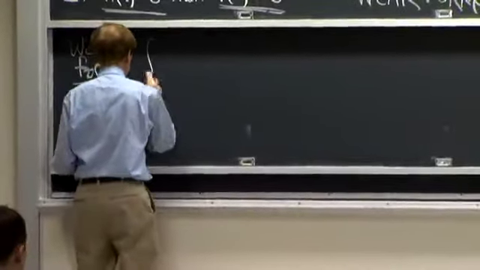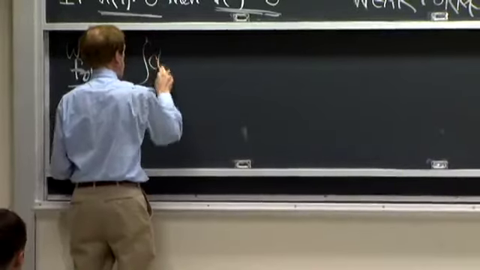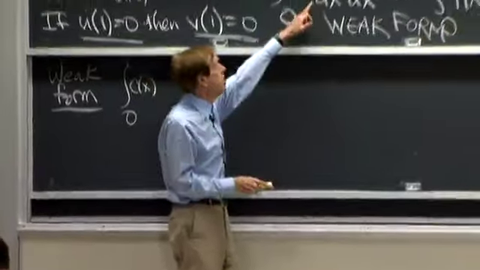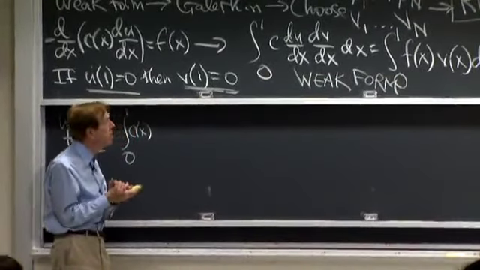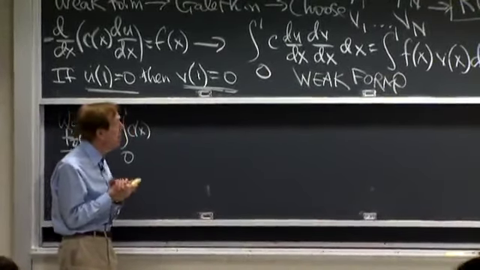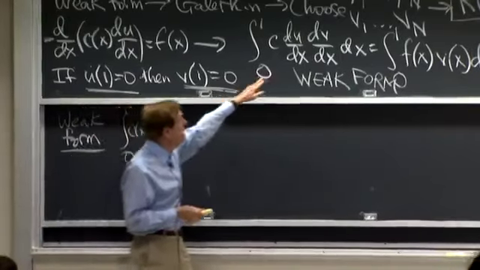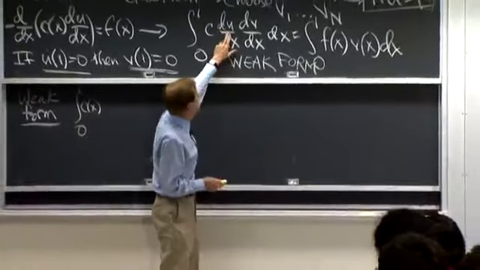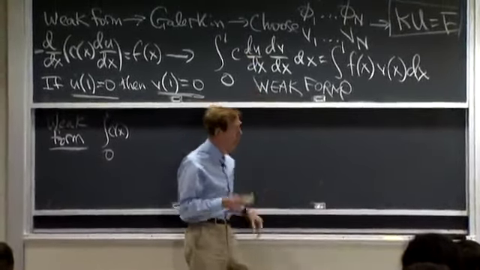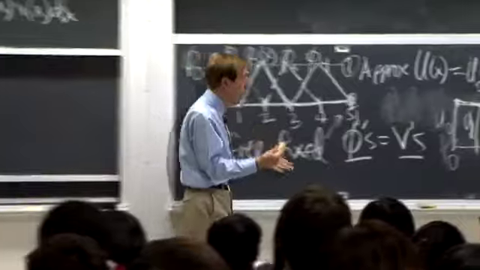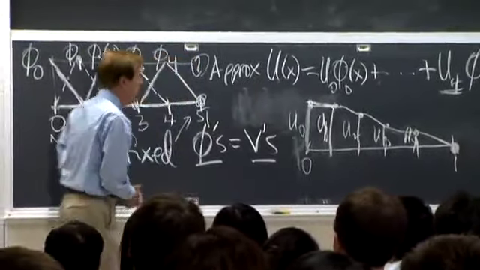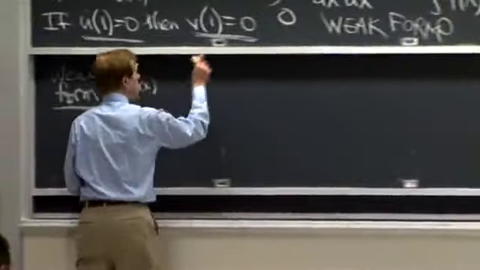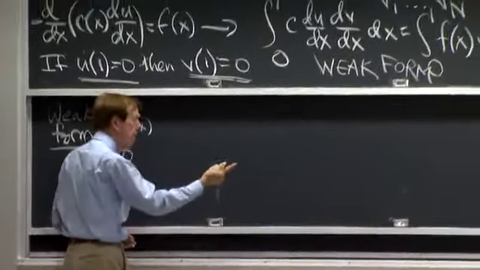So it'll be the integral from 0 to 1 of the c of x, whatever it is, times the du dx, right? So what is du dx? Oh, you have to pay attention. So now this was the true solution, little u. But now this is where I'm working. I'm working with capital U. So instead of d little u dx, it's d capital U dx.